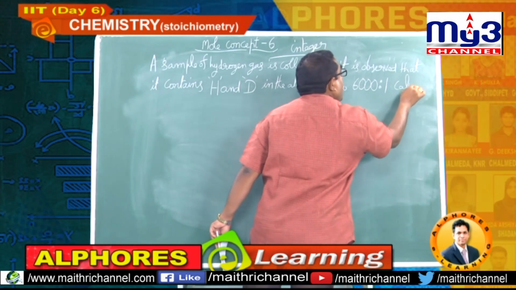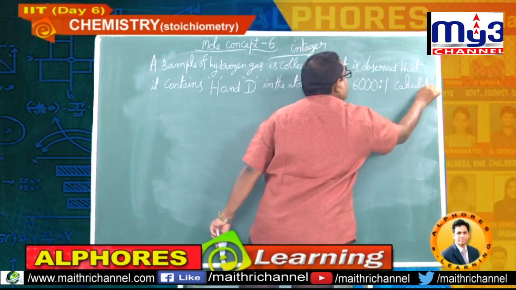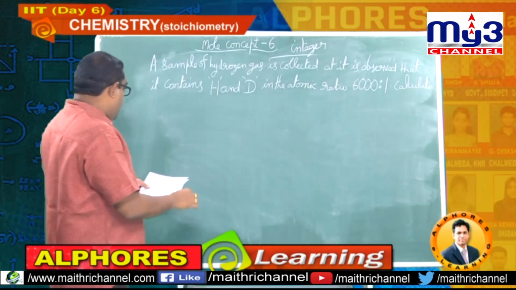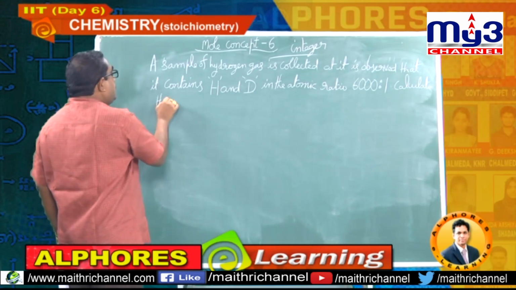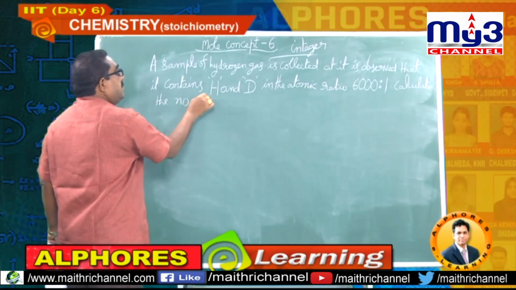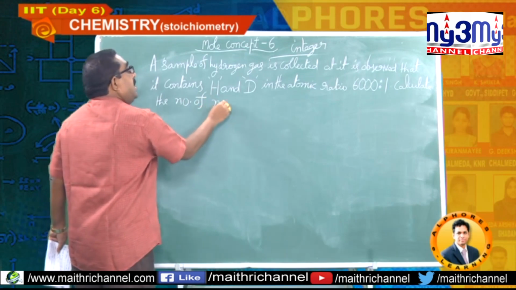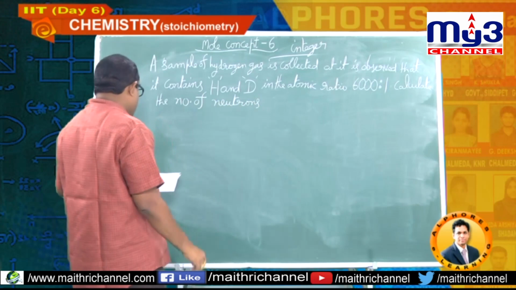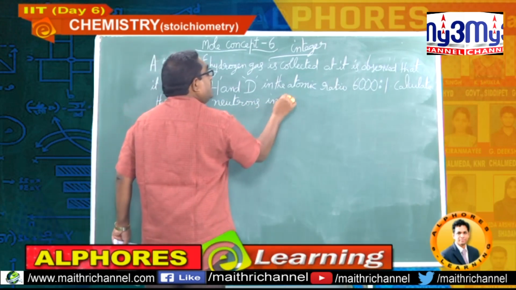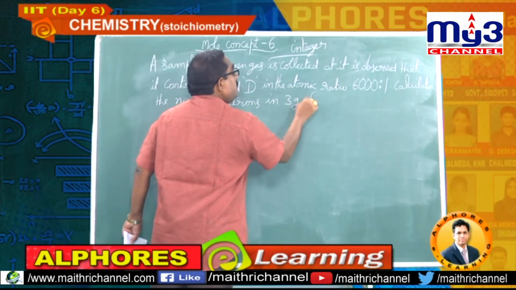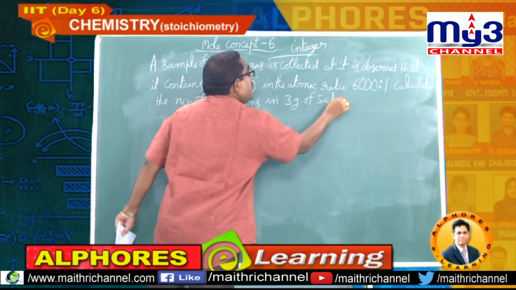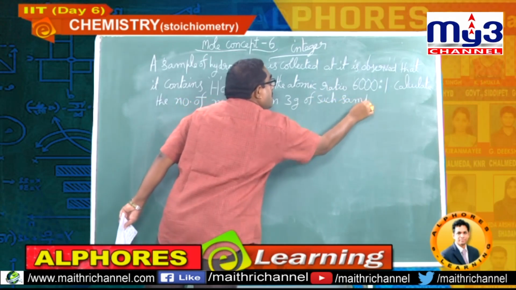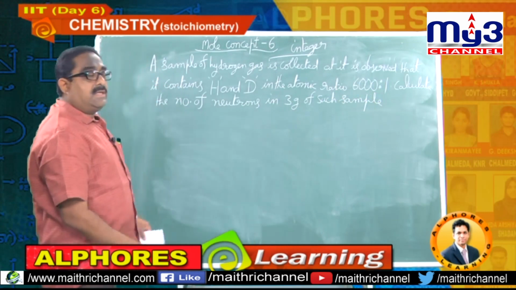Question is calculate the number of neutrons. Calculate the number of neutrons in 3 grams of such sample. Please write it down, finish off.